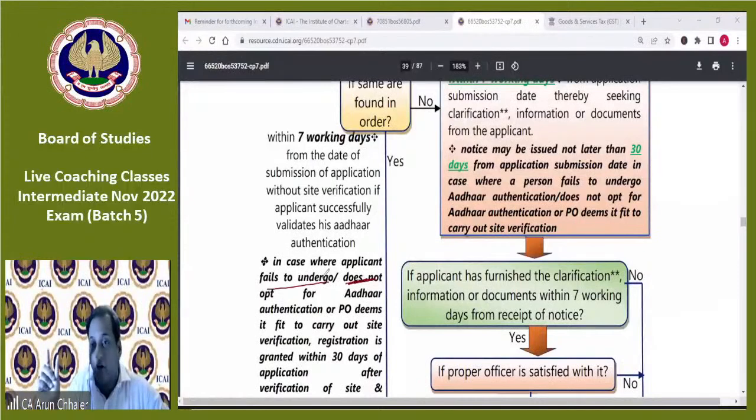Once he ticks that option, it means he has opted for Aadhaar authentication. Then he needs to do the verification within 15 days. So if he has either not opted, or has opted but not completed the Aadhaar authentication, in these two cases the number of working days would be 30, plus physical verification of the business premises.